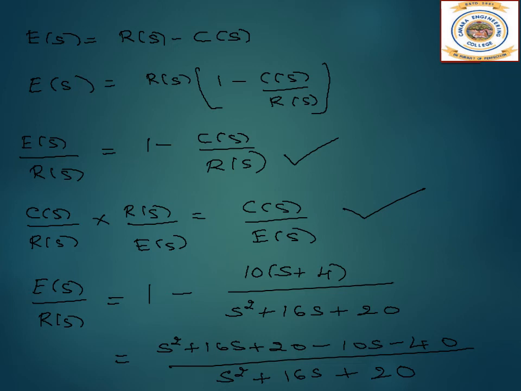After subtraction we get, sorry, not C of s, it is E of s by R of s, as s square plus 6s minus 20 divided by s square plus 16s plus 20. So we got E of s by R of s.